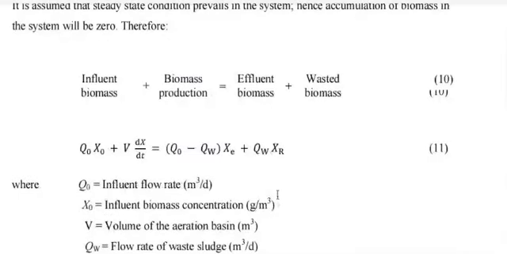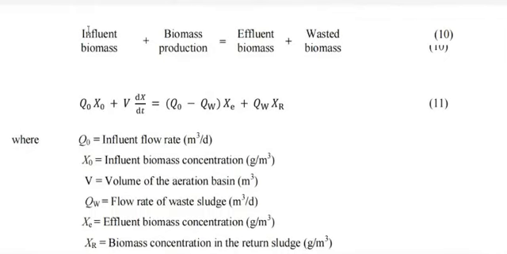So we write the mathematical equation. Here, this is the case: influent of the biomass. What is the influent of the biomass? We can write the influent flow rate times the influent biomass concentration, plus biomass production, meaning the volume of the aeration tank times dx by dt, the net generation of the biomass, is equal to the effluent biomass.